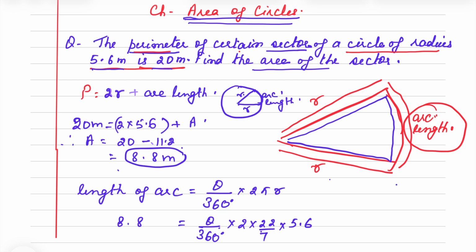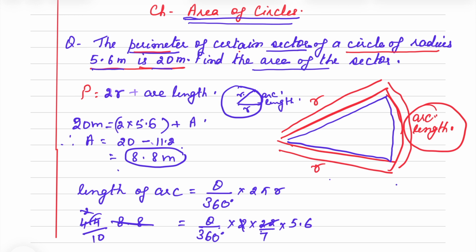Now we have to simplify it. So it is 2 and 4.4. Removing the decimal, it is by 10.